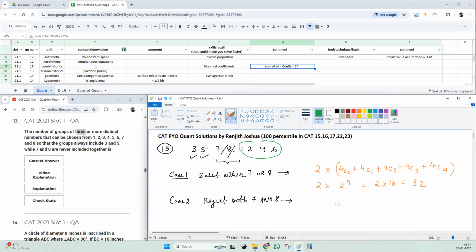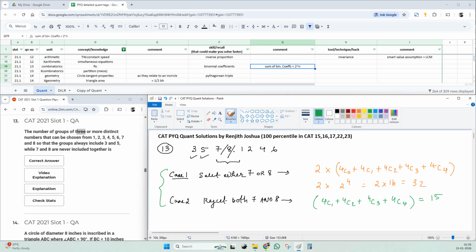That means you have to select either one item or 2 items or 3 items or all 4 items from the available 4 items 1, 2, 4 and 6. Now this is almost identical to the previous expression, except that it is missing the first term, and we know that the first term is equal to 1, so it's going to be 1 less than what this was. We know that this was 16. If you remove this 1 from that, the rest will add up to 15, and that's case 2.